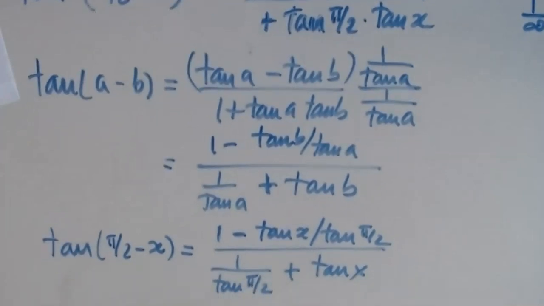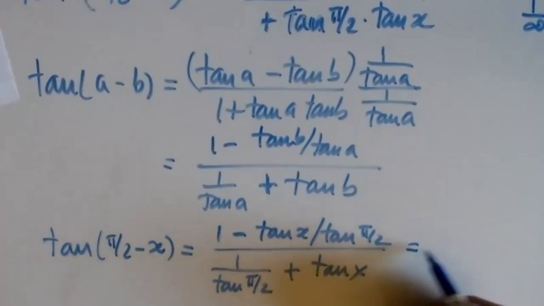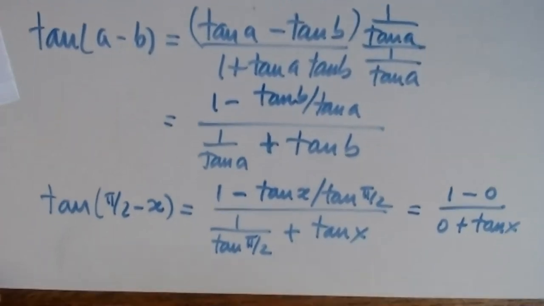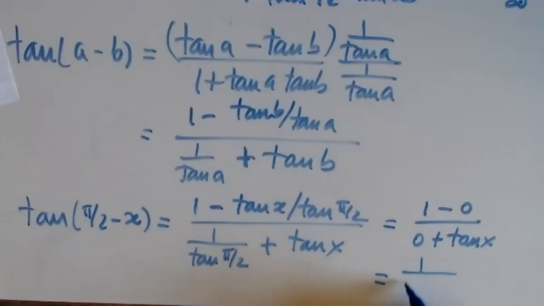Now, remember, this is infinity, and if you divide something by infinity, this is 0. So you have 1 minus 0 over 0 plus tangent x. Now this is 1 over tangent x.